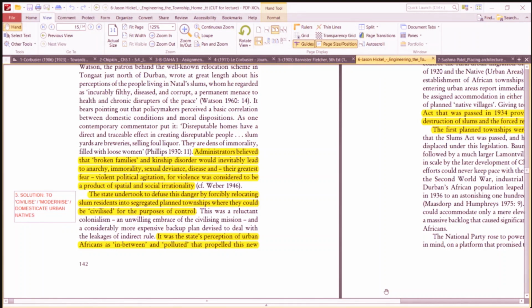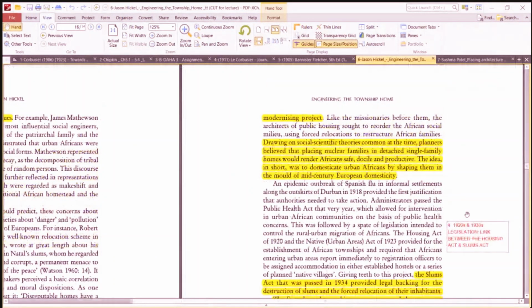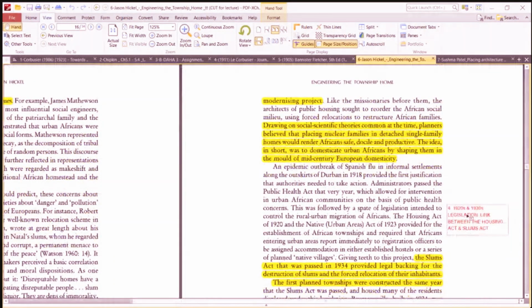They are in between, and they are polluted, that propelled this new modernizing project. So Jason Hickel is arguing, he's not saying it's the key idea, but it is at least one of the key ideas that is driving the creation of modern townships for black urban Africans, right? He's saying this is one of the key ideas in producing black townships, right?